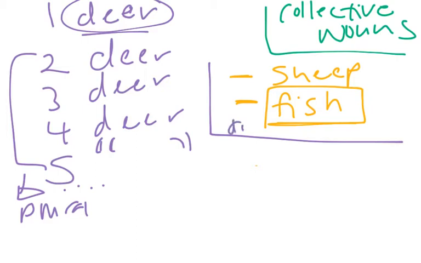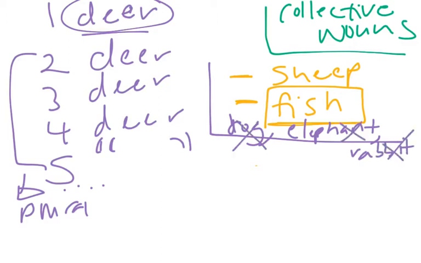I'm going to just add on an example here. Dog, elephant, or even other examples. Rabbit. With these words, we don't just keep it the same. We say 2 rabbits, 3 rabbits. We don't say 3 dog. We say 3 dogs. And those you have to just memorize.